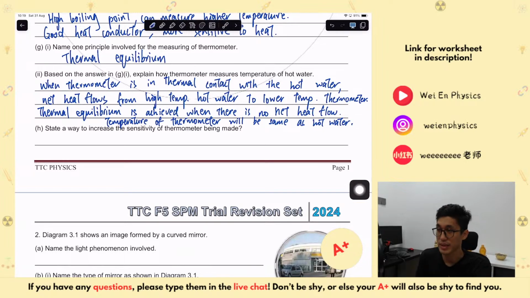That's how my thermometer can measure the temperature of the hot water. A bit long, this answer.